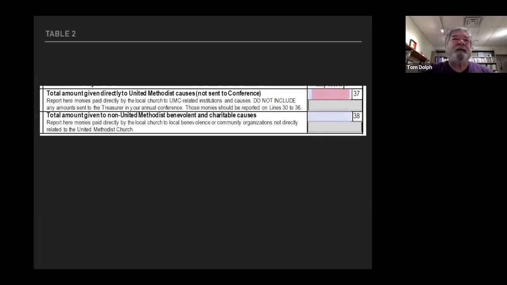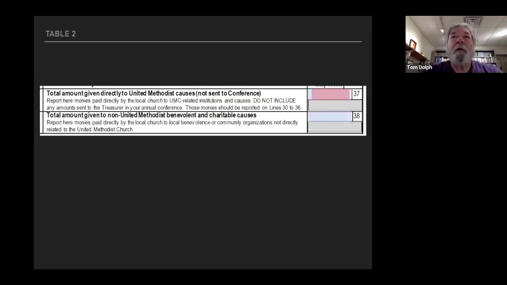So those are the ones that are imported from the conference. Line 37, you will have to enter. And this is money that you sent to United Methodist causes, but not through any advanced special, not through the conference office, not through the conference treasurer.